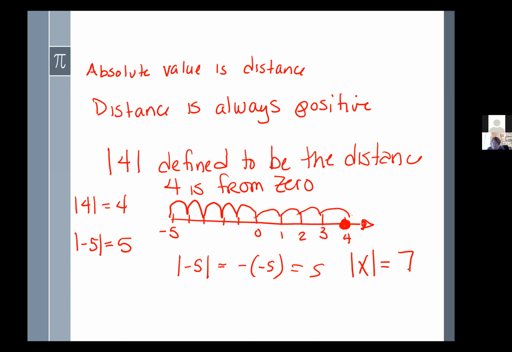So x could be 7, right? But x could also be -7. Because what two numbers can I take the absolute value of and get 7? 7 or -7. So who knew something so simple could have so many nuances about it?